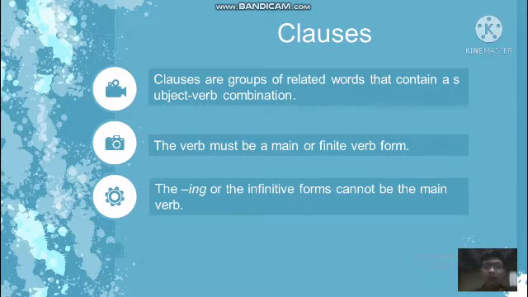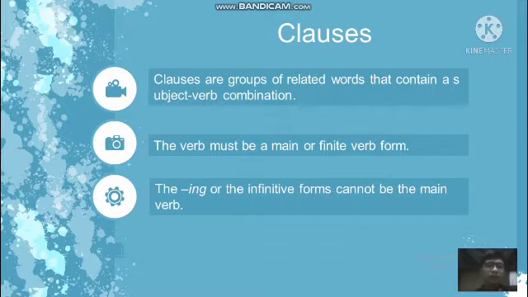Remember that finite verb forms show tense, person, and number. Okay? So, the -ing or the infinitive forms cannot be the main verb. Again, the -ing or the infinitive forms cannot be the main verb.